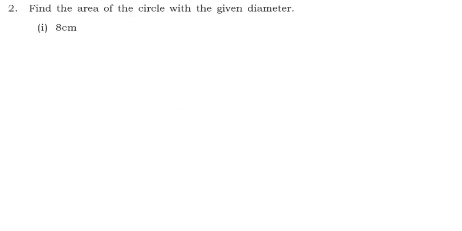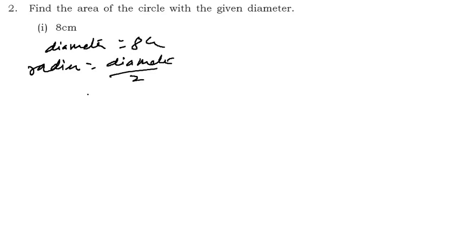Now come to this one. Find the area of circle with the given diameter. Diameter is given here. Diameter is equal to 8 centimeter. As you know, radius is equal to diameter divided by 2. It is 8/2, that is the 4 centimeter. It will be radius. Now find the area of circle.